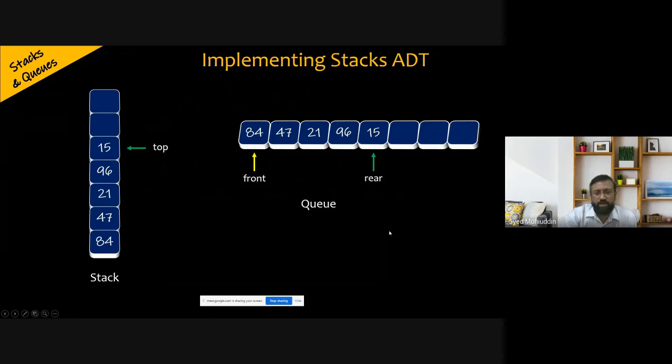Comparing with that, a queue has both ends open, and the elements are inserted from the rear end and removed from the front end. Though you can remove elements from the rear end and insert from the front end, usually, for flexibility, queues are defined so that elements are inserted from the rear end and removed from the front end.